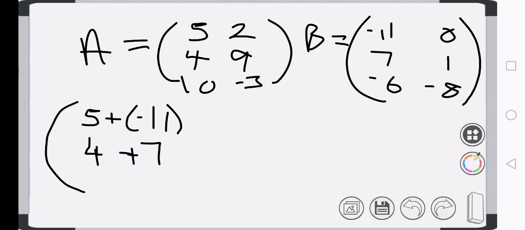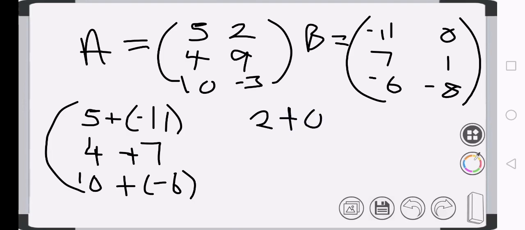As you can see, 4 is corresponding with 7, and 10 plus -6. Then 2 is corresponding with 0, so it's 2 plus 0. It's 9 plus 1, because those two are corresponding. And lastly, -3 plus -8.